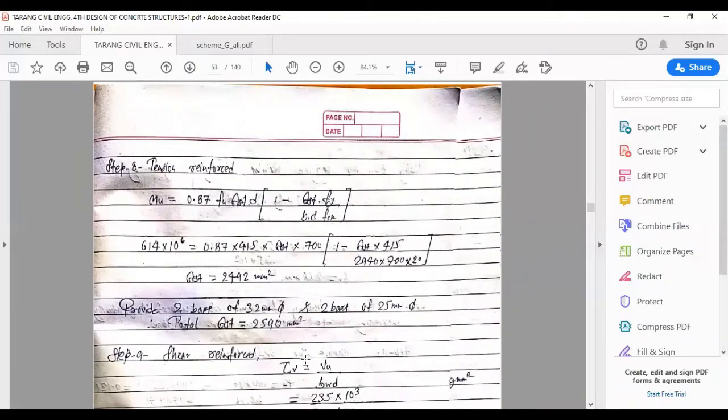Now we'll find the tension reinforcement, which is again given by the same formula. Mu is equal to 0.87 Fy AST multiplied by D, and this whole expression is multiplied by 1 minus AST into Fy upon BD FCK. Substituting all the values here, we'll get the value of AST. So Mu is 614 into 10 raised to the power 6.